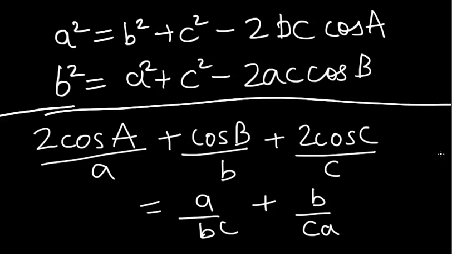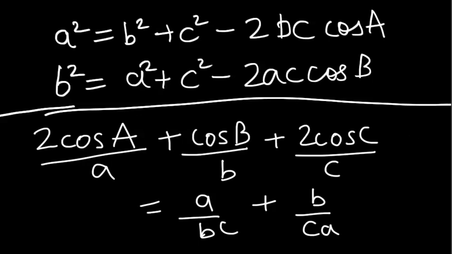I believe we also have the result which relates the area of the triangle with the sine of one of the angles. In this scenario I think it's best to go with the projection formula, because this equation only involves the cosines and the sides and there's no square term.